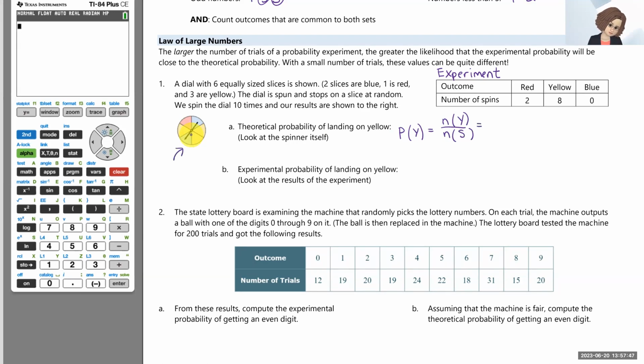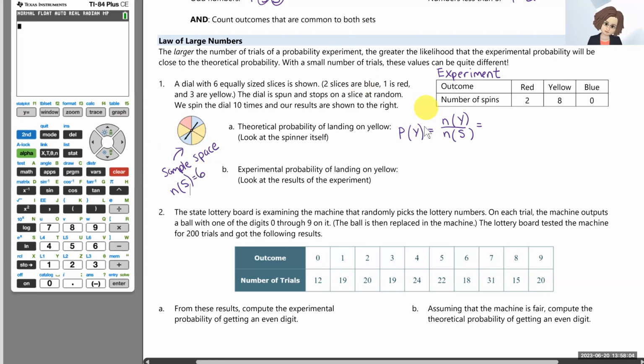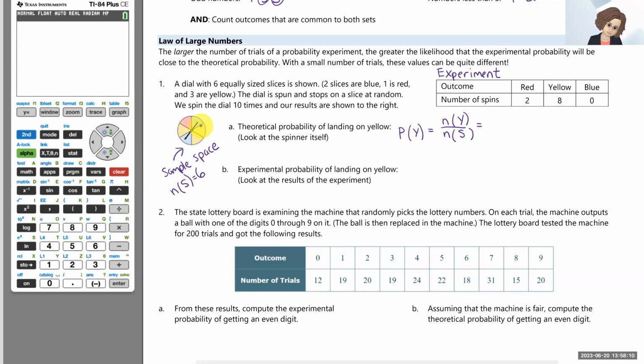So on the spinner itself, the sample space is the set of all possible outcomes. So in this case, the number of items in our sample space, there are 6 slices. So we have 6 possibilities. So the probability in theory of landing on yellow, there are 3 yellow slices out of 6 possible slices.